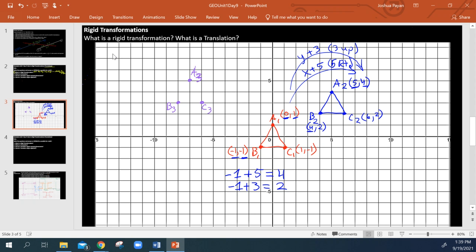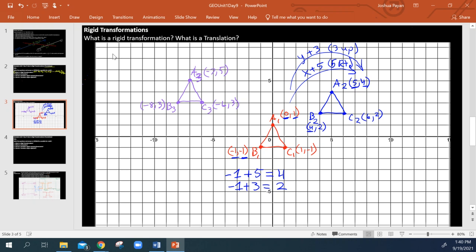Okay, so what happened this time? Well, let's look at our actual numbers, right? A3 became negative 7 by 5. C3 became negative 6 by 3. Right? And then B3 became negative 8 by 3.